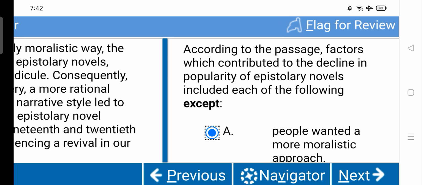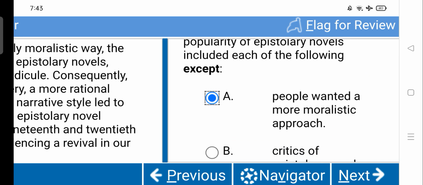According to the passage, factors which contributed to the decline in popularity of epistolary novels included each of the following except option A, that people wanted a more moralistic approach.